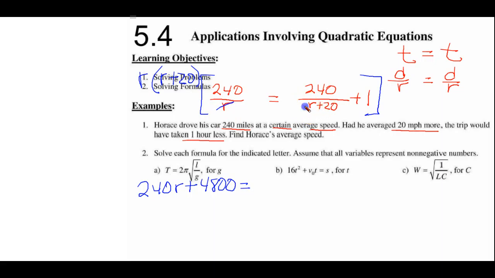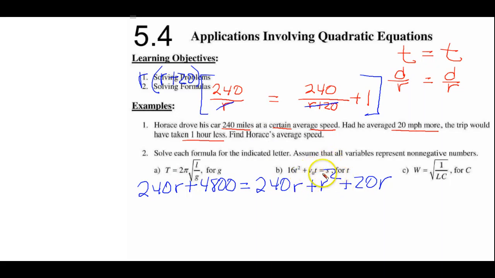So now I'm going to cancel this out with this, and I'm just left with an r, 240r. And then I have 1 times this, so this then becomes r squared, just multiplying these together, plus 20r. So I've cleared fractions, and this is what I have.